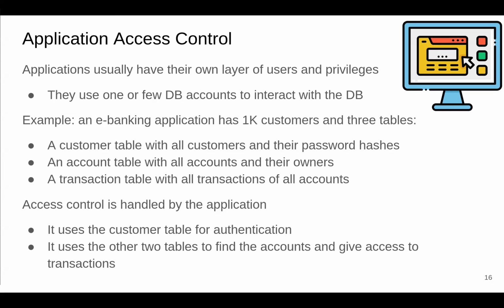Right? An e-banking application has 1,000 customers in 3 tables: a customer table with all customers and their password hashes, an account table with all accounts and their owners, and a transaction table with all transactions and accounts. Access control is handled by the application through, for example, the customer table and then 2 other tables to find the accounts and give access to it.